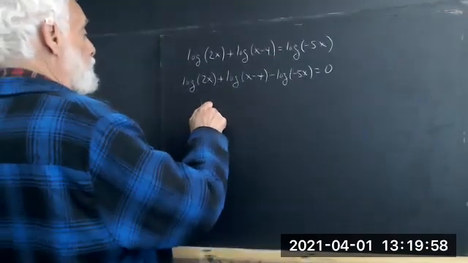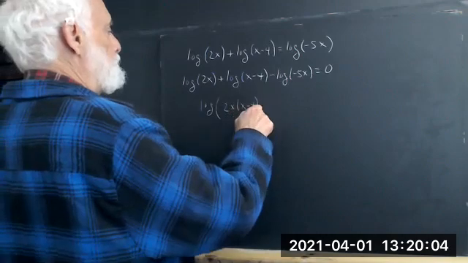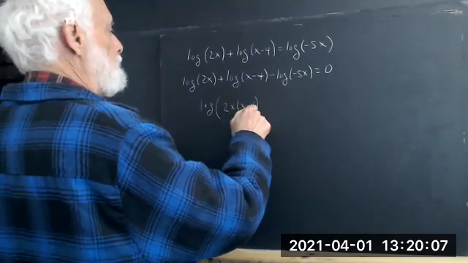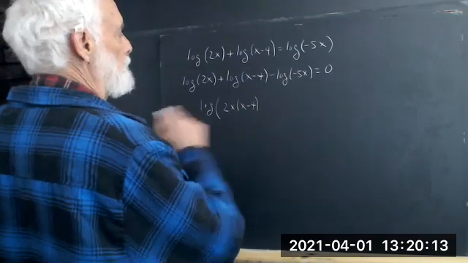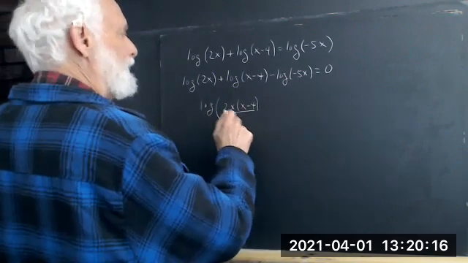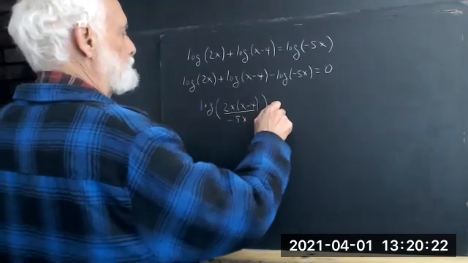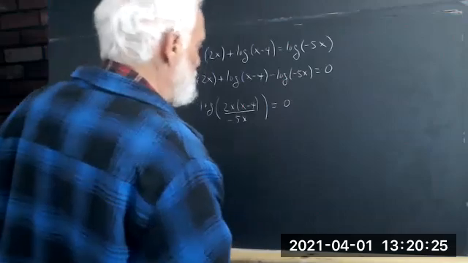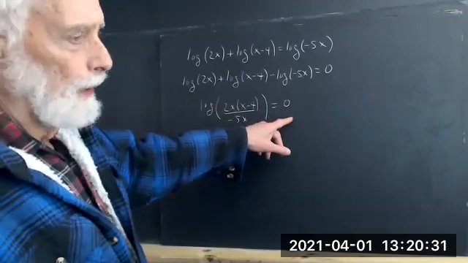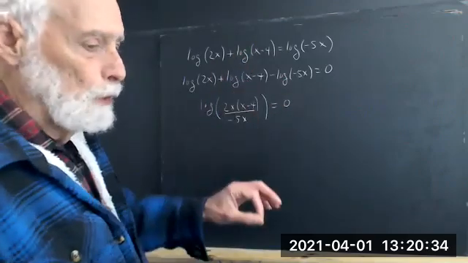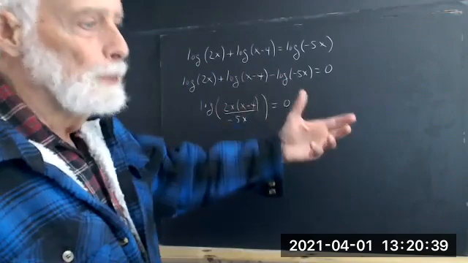Then we can write this as the log of 2x times x minus 4 over negative 5x equals 0. Well, any expression whose log equals 0, that expression has to be 1, because the zero power of any base is 1.